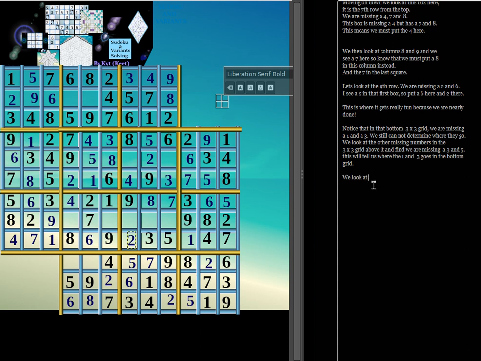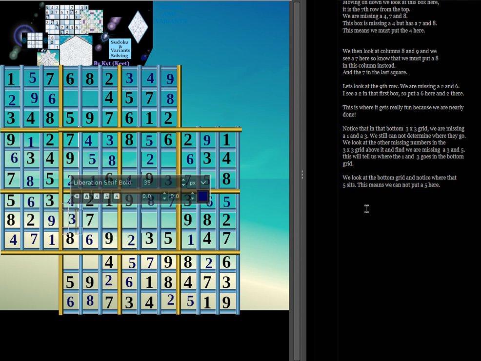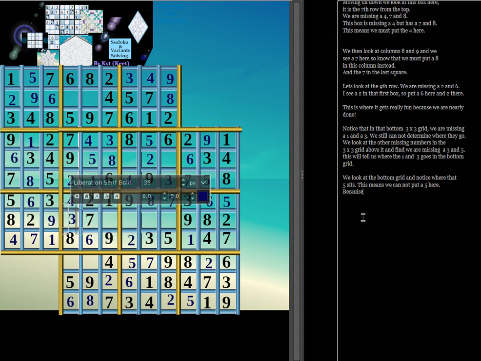We look at that bottom grid and notice where that 5 sits. This means we cannot put a 5 here. Because the only other missing number is a 3, I put it in and put the 5 in here.